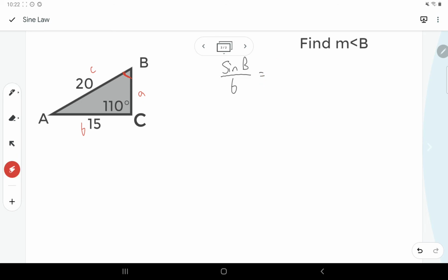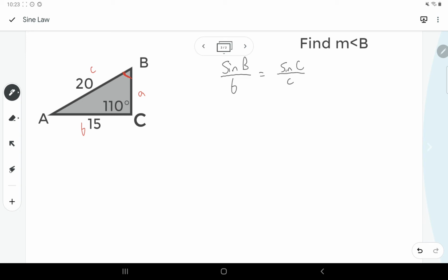So if we look at our triangle here, big A has no values, little a has no values, so that's not our complete pair. Big C has a value, little c has a value, which means that's a complete pair. So let's use that. So we got sine of big C over little c. There we go.